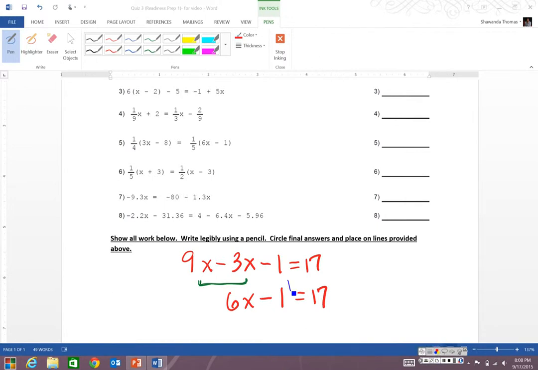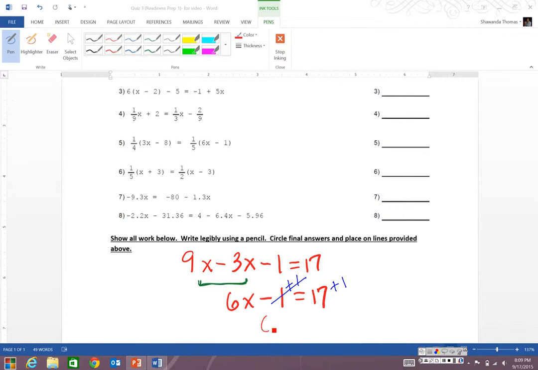Now we're going to add 1 to both sides because that's a negative 1, and you always have to do the inverse of the operation that's here. You can't subtract 1 from this and have it go away. So since this is minus 1, we add 1 to both sides. Negative 1 plus 1 cancels out.